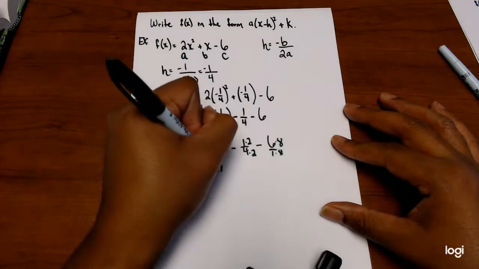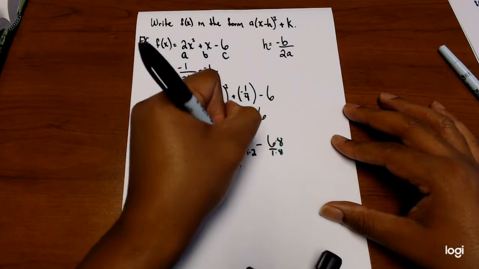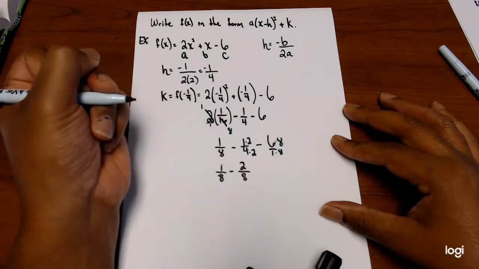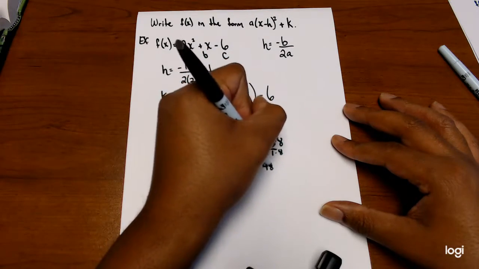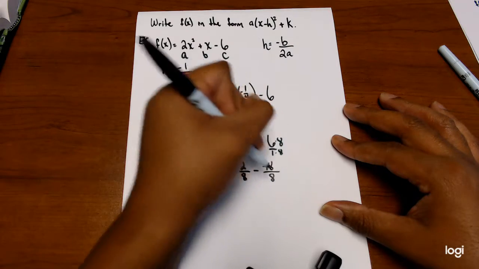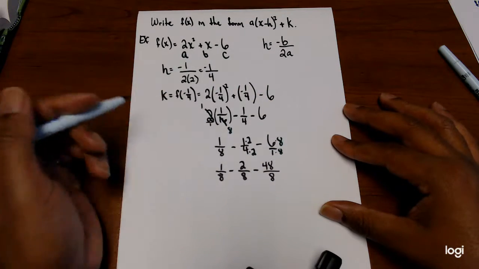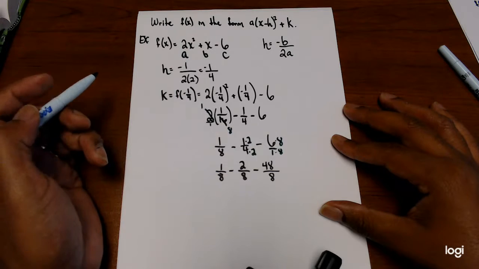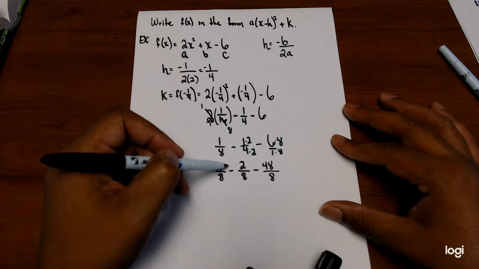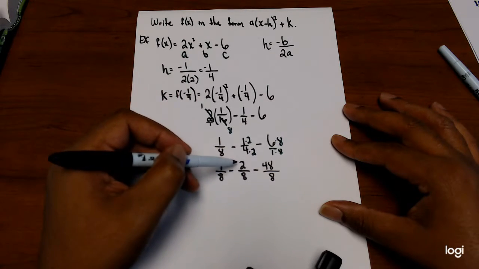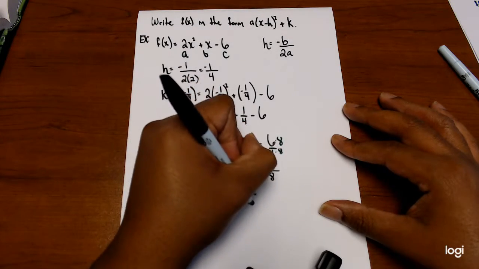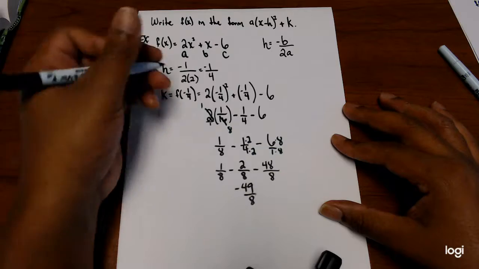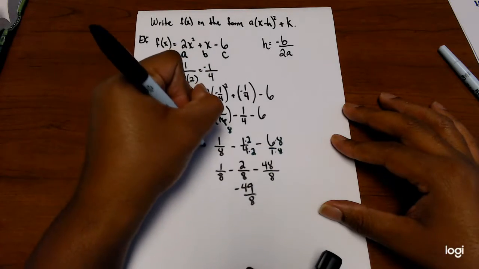I have 1 over 8 minus 2 over 8 minus 48 over 8. Now we can just add and subtract the numerators. So 1 minus 2 is negative 1, and negative 1 minus 48 is negative 49. So negative 49 over 8. That is my k.